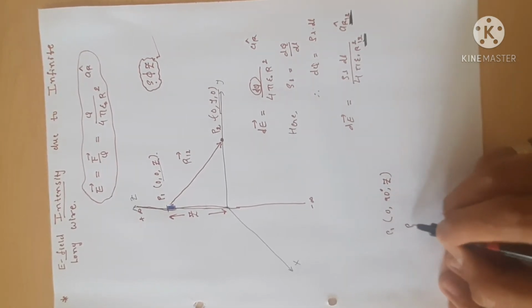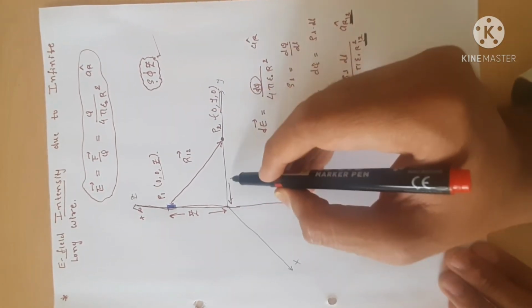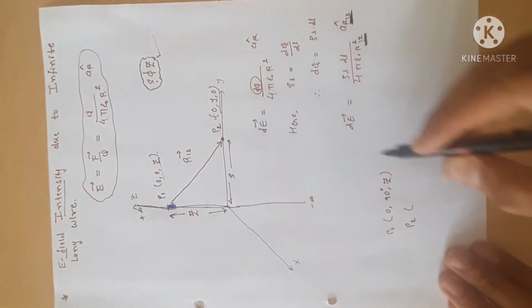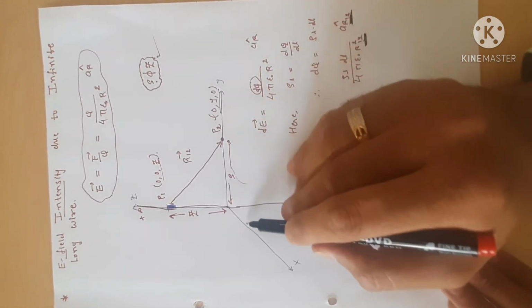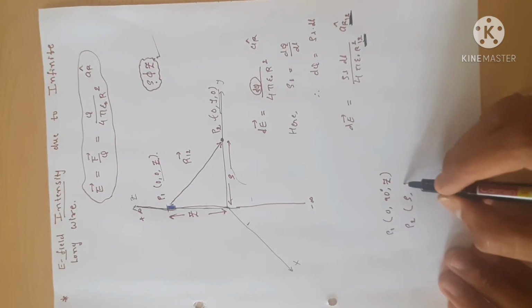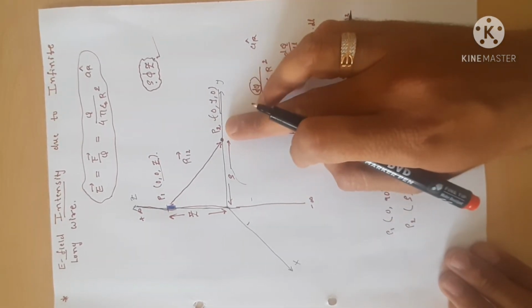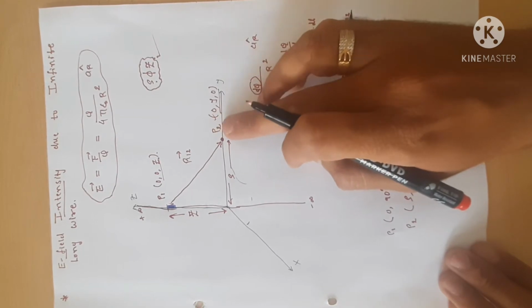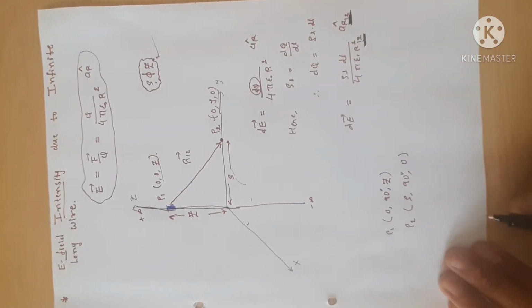Similarly, for point P2, rho phi z. What is rho? Rho is the radius of the circle. So it's rho. What is phi? Phi is the angle with respect to x-axis, so it is 90 degree. And z is the height of this point with respect to the xy plane. But the point itself is present on the xy plane, so height is 0. So this is P1 and P2.